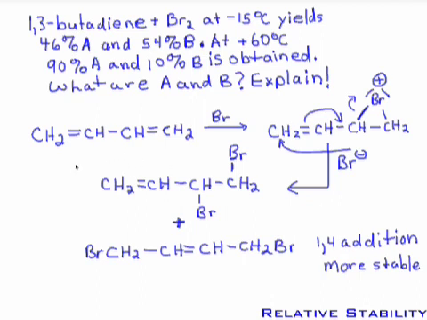And the 1,2 addition product is the less stable alkene. Normally, the more stable would predominate under all conditions.